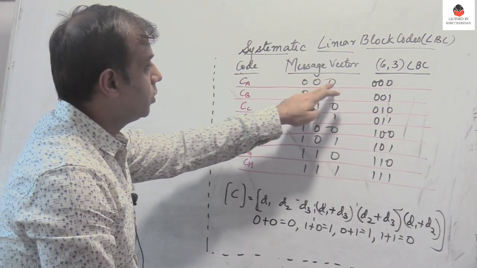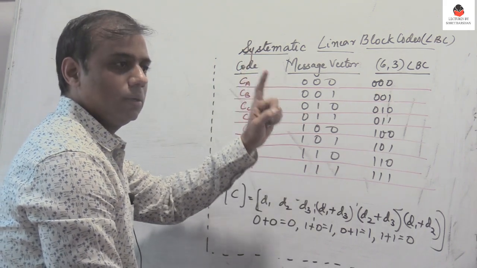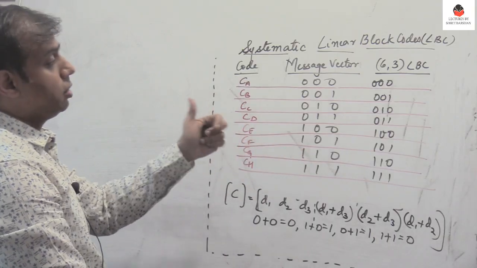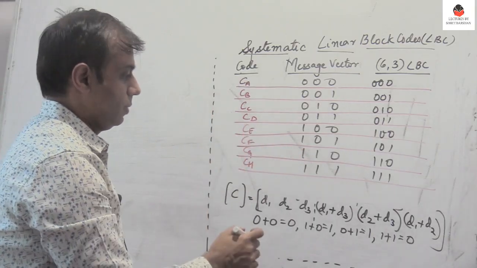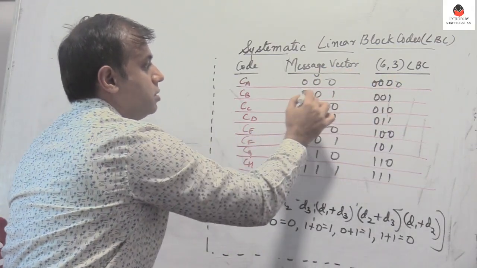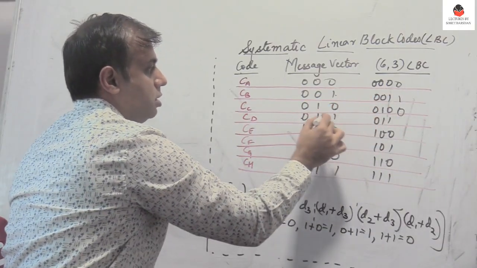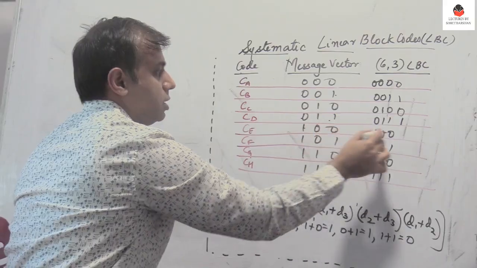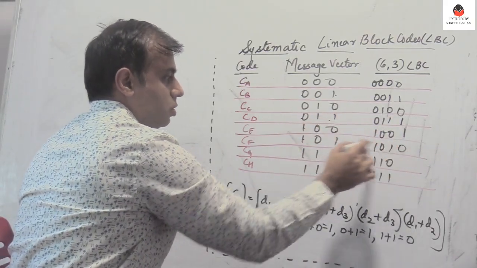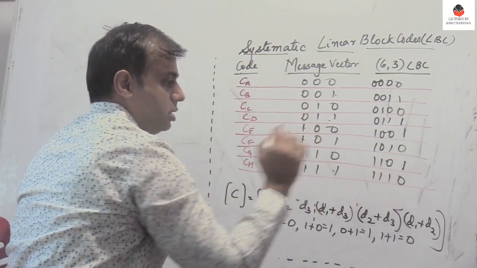So you need to perform modulo 2 addition. Remember, if there are an even number of ones, then the resultant would be 0. If there are an odd number of ones, the resultant is 1. So D1 and D3: 0 plus 0 is 0, 0 plus 1 is 1, 0 plus 0 is 0, 0 plus 1 is 1, 1 plus 0 is 1, 1 plus 1, even number of ones, 0, 1 plus 0 is 1, 1 plus 1, 0.